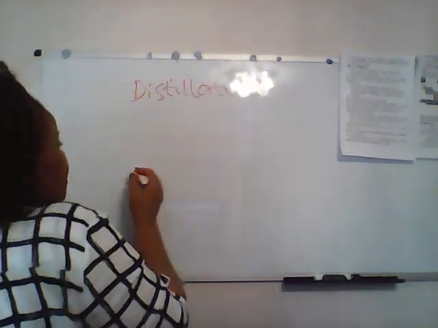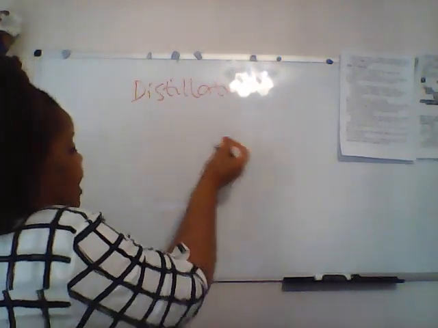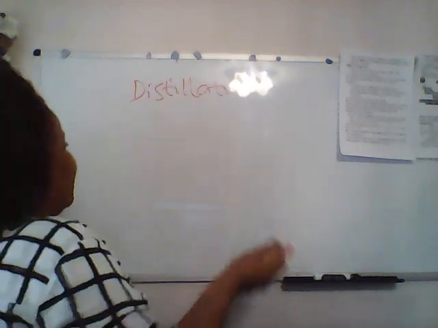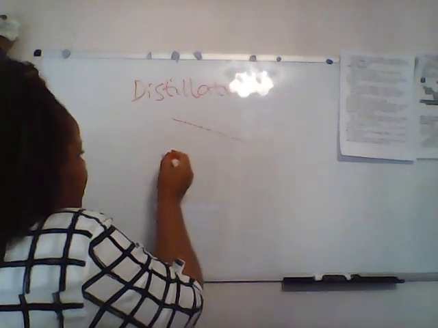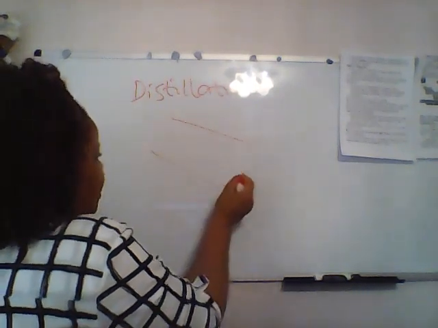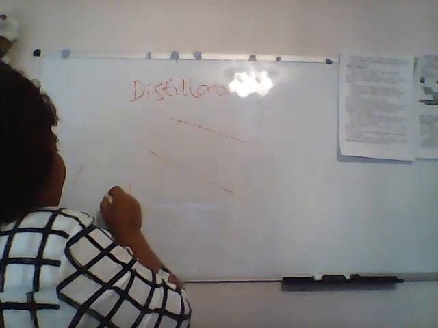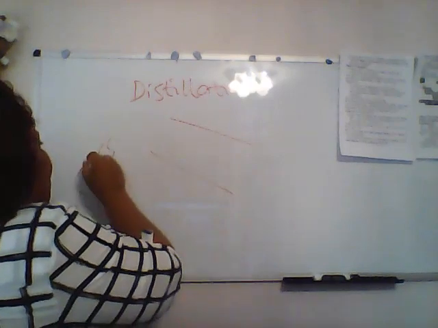All right, distillation. Now, distillation is done in a fractionating, not fractionating tower. That is fractional distillation for crude oil. Distillation is done in a distiller apparatus. You have a place where you apply heat to your liquid, and it starts to boil.